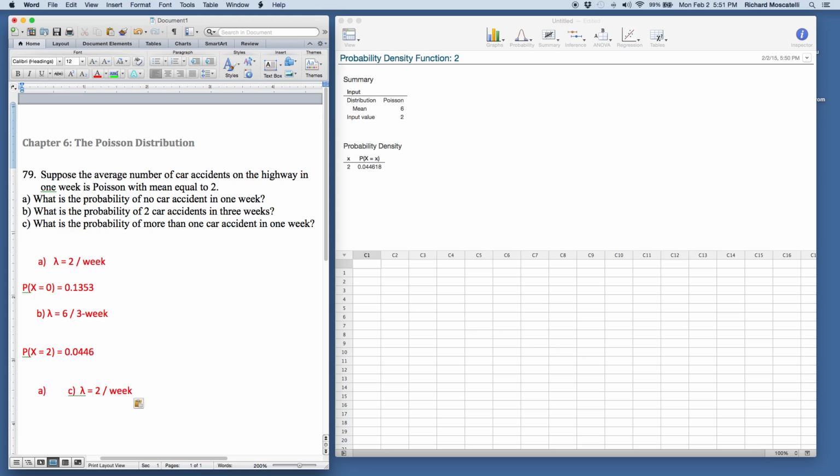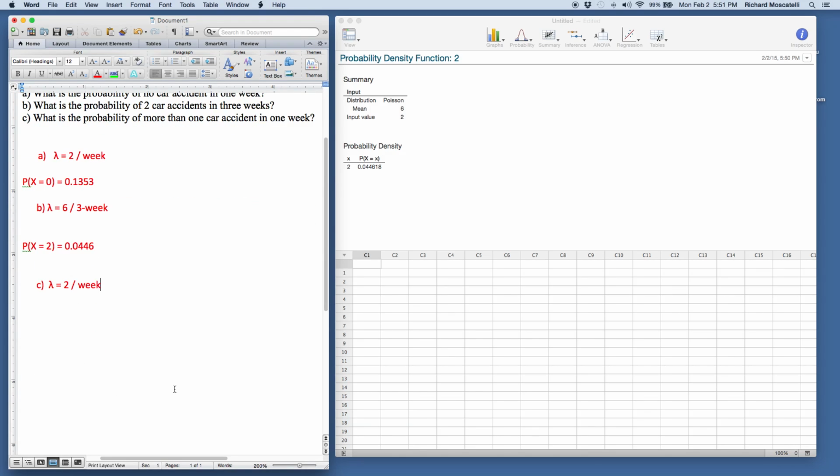Honestly, that's the most important thing you have to worry about with this Poisson distribution. As you go from question to question, if you feel like you're doing the right thing and you keep getting a wrong answer in MyMathLab, the issue usually is you didn't see the change in the time interval, and you're using the wrong value for lambda. I can almost guarantee that would be your issue.